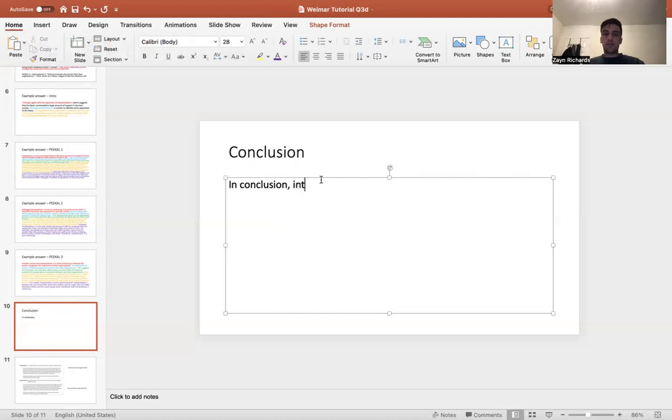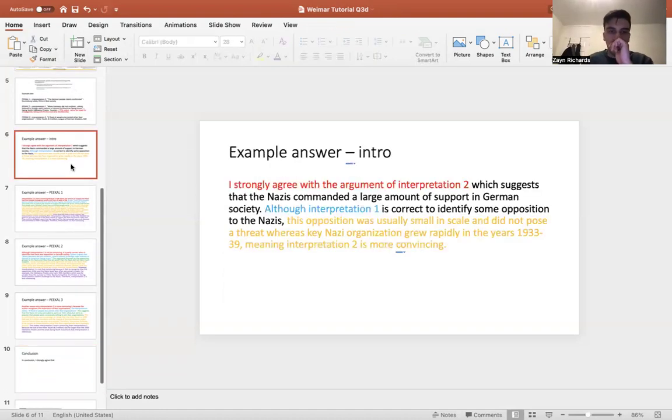But in conclusion, interpretation 2 is more convincing than interpretation 1. And no, when you say, in conclusion, I strongly agree. Hang on, have I not done that throughout this? Oh my God, okay, I made a mistake here. So we've done that there.